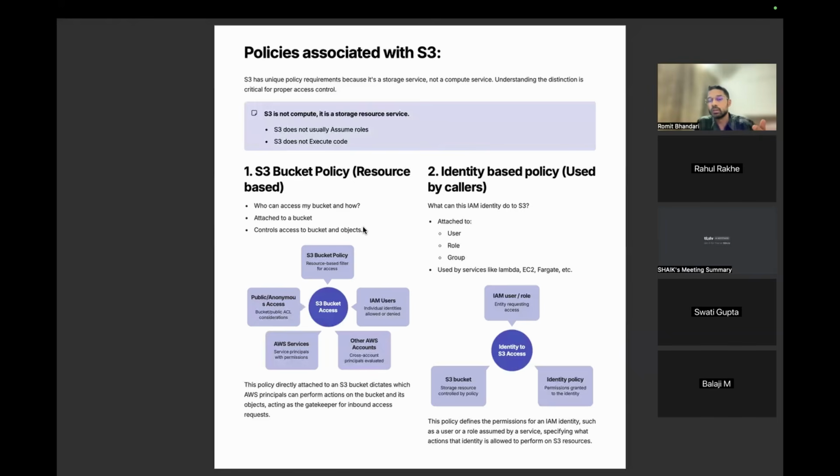Whoever is calling S3 needs it, and it could be attached to a user, role, or group and used by services like Lambda, EC2, etc. So in the same account, a bucket policy won't be there, but an identity based policy would be required for this user or role to provide permission to access S3. But an S3 bucket policy would be required when a resource from another account is trying to access S3. Please remember that.